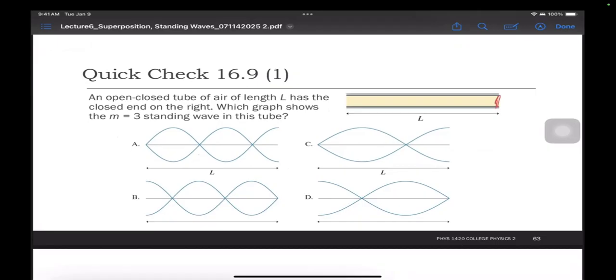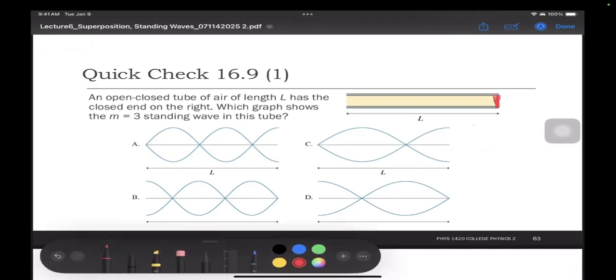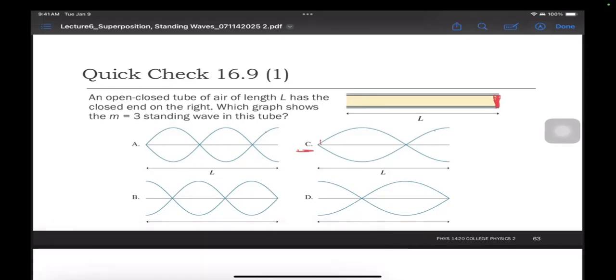Here is closed, so this is a node, am I right? So it's this one or this one. Here m equals 3, but you can see the frequency should be half. We have already talked about that, am I right? So it should be 1.5 like that. Does it make sense to you? So it should be C. Does it make sense to you?